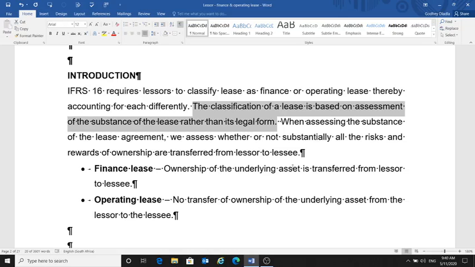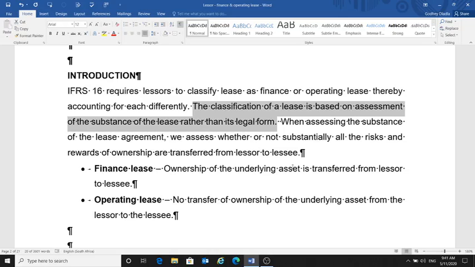Okay. Now, the substance of a transaction is this. If someone buys a car through a bank, in accounting, we look at who is using the car for the better part or for the majority of the useful life of that asset. So if you buy a car from the bank, you are going to drive the car maybe for 5 years while you are paying. You keep driving and you keep paying, right? So the bank is never going to drive this car. By the time you pay them the last installment after 5 years, the bank will give you ownership.